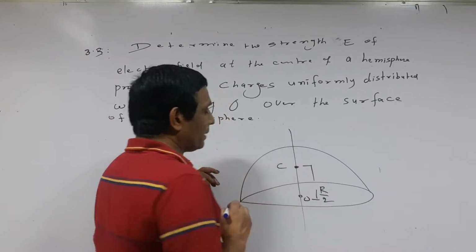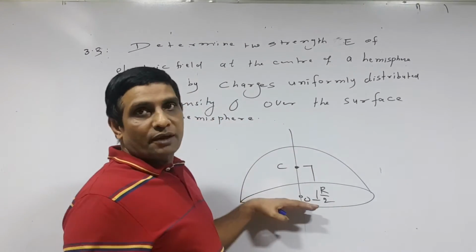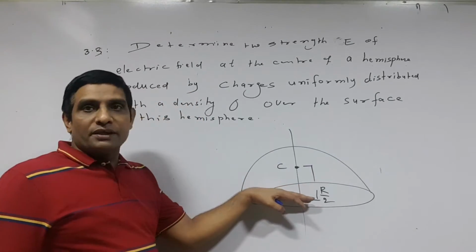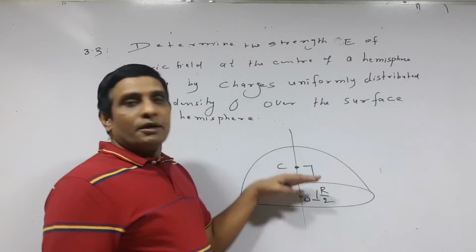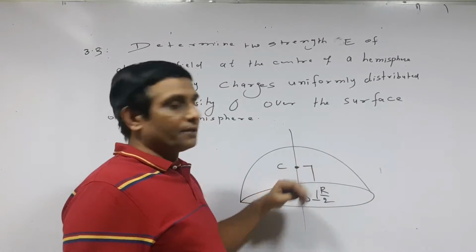This is your center of mass, and the distance of the center of mass from the center of the base is R by 2, where R is the radius of the hemisphere.